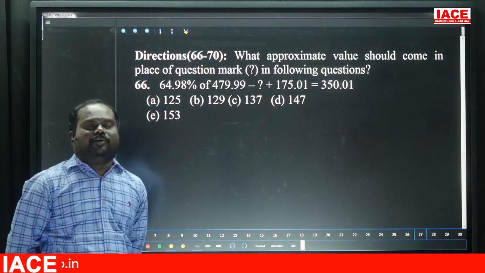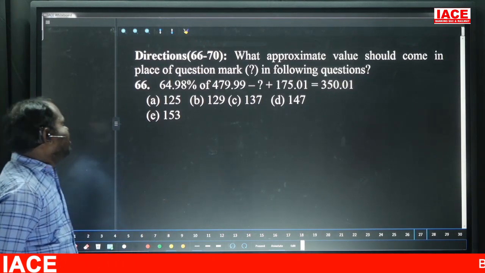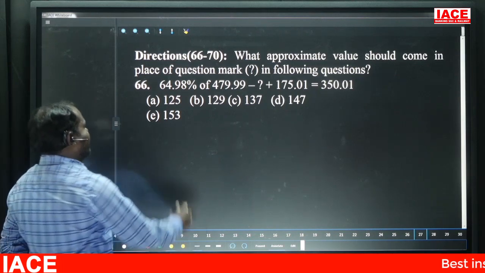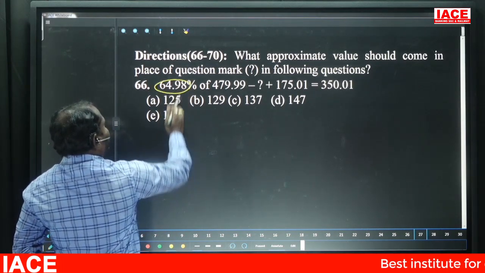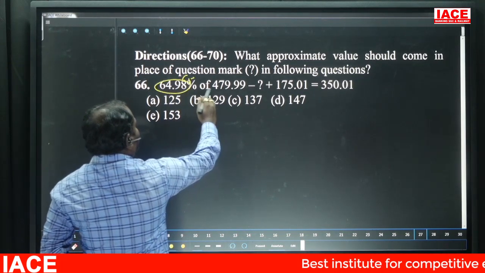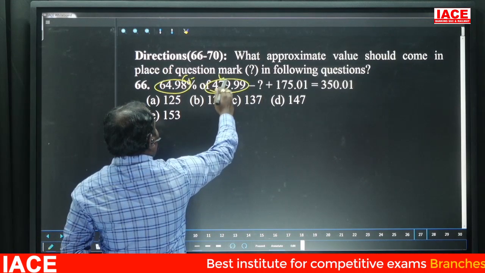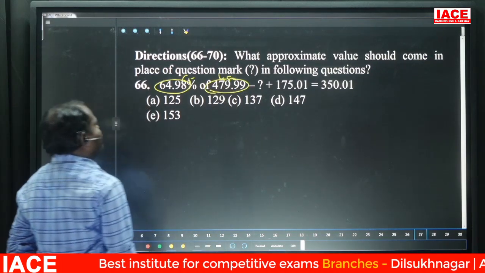66 to 70, approximate values are given. Here 64.98, take it as 65 percentage. It is 480, we can take it as 65 percentage of 480.